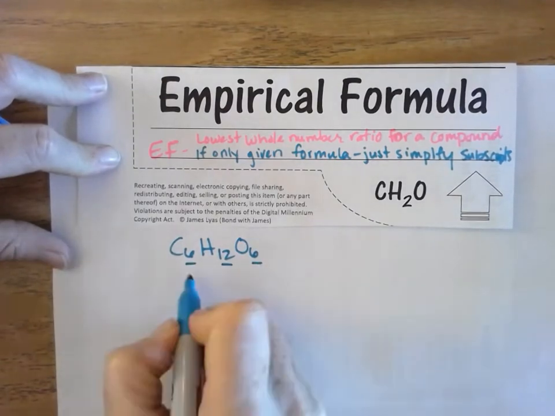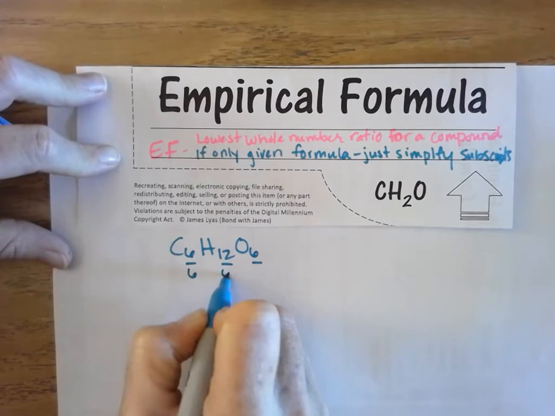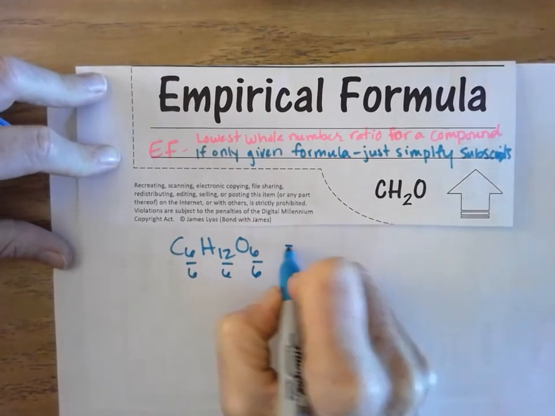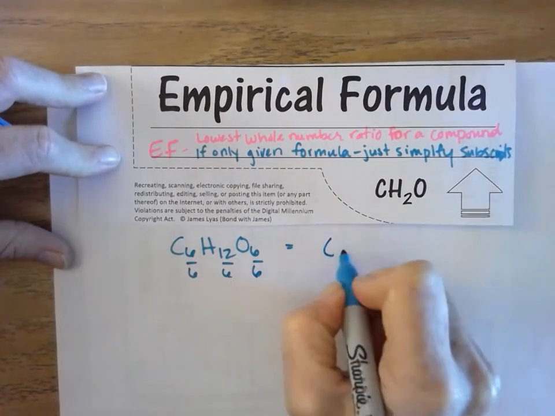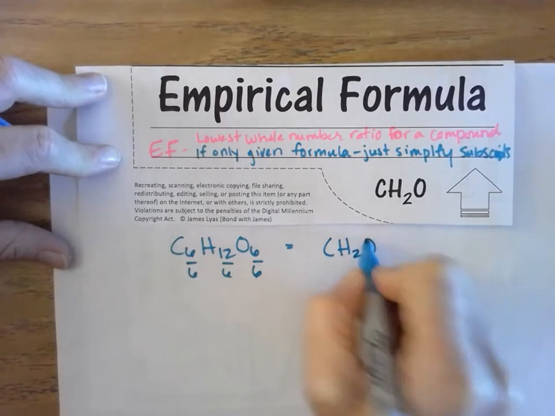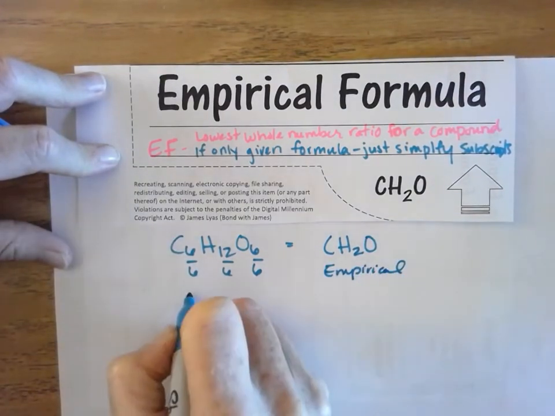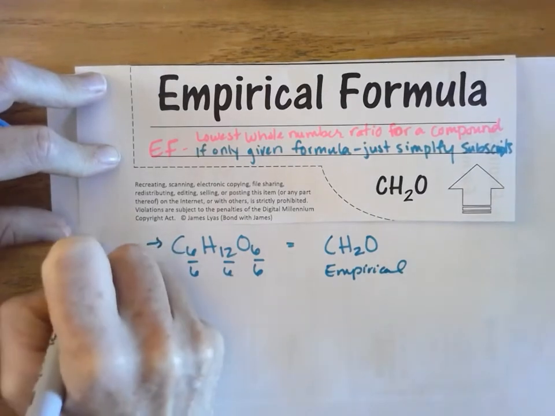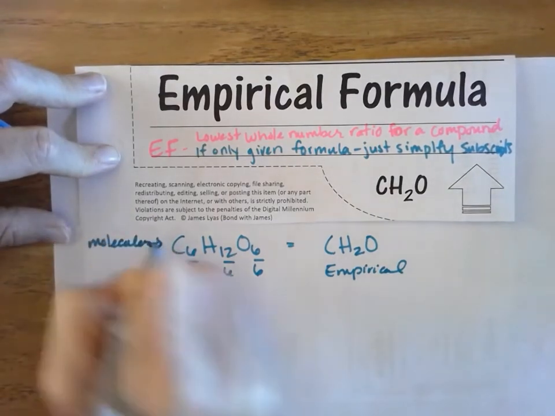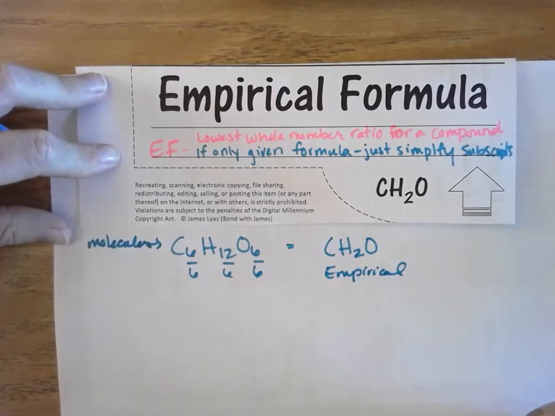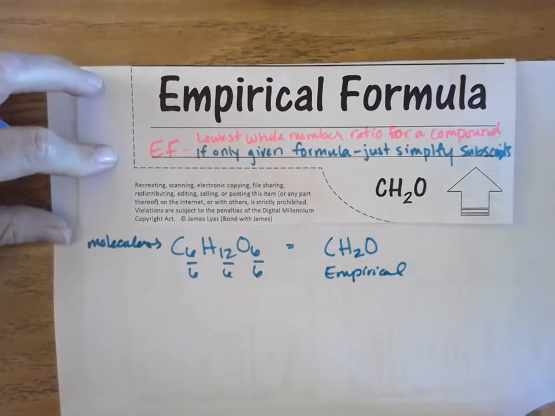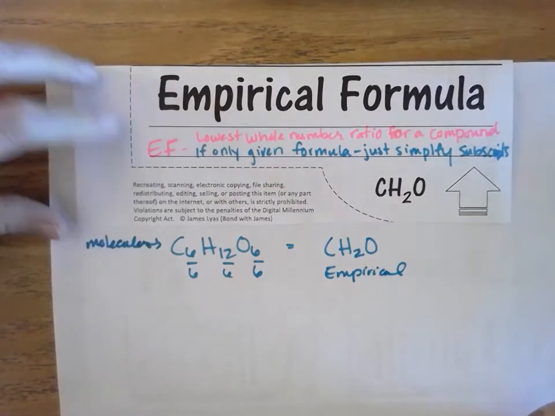I can divide them all by 6, and then I get CH2O. So this is the empirical formula, and this would be the molecular. So that's one way that you can find the empirical formula. That's the first way. That's the easiest way.